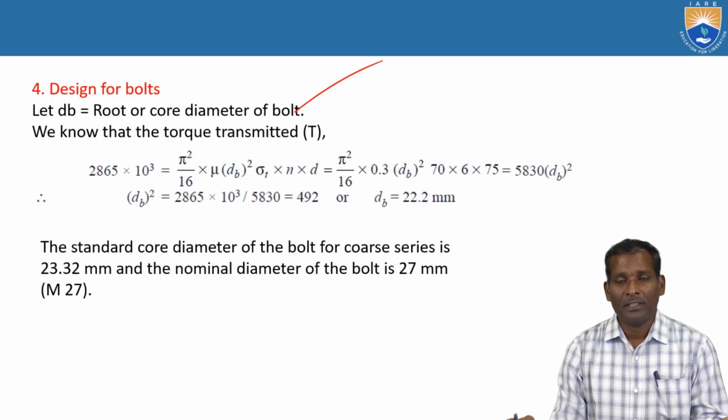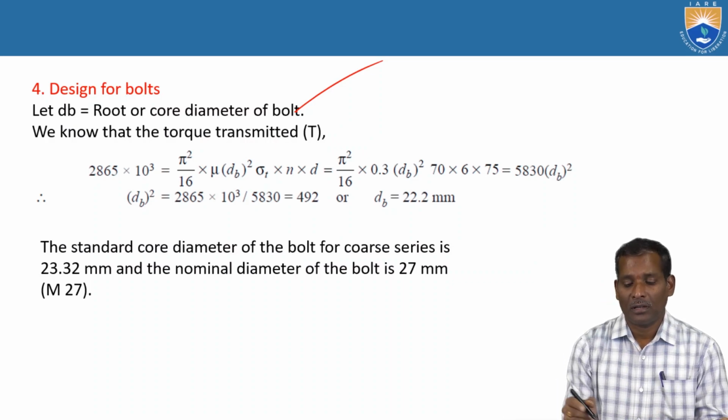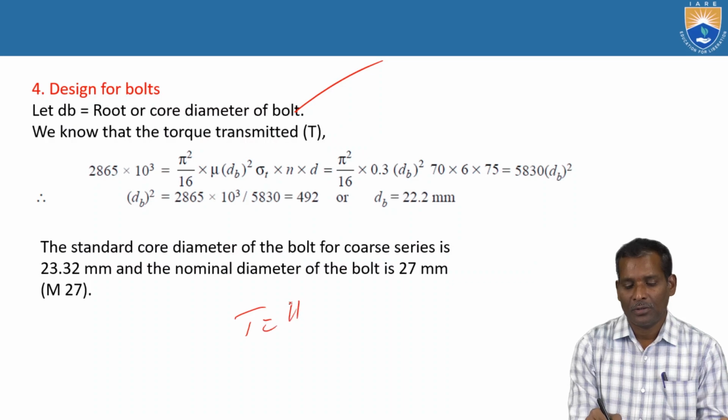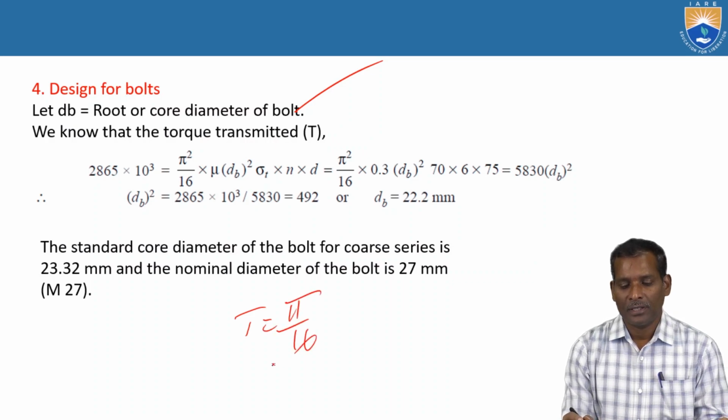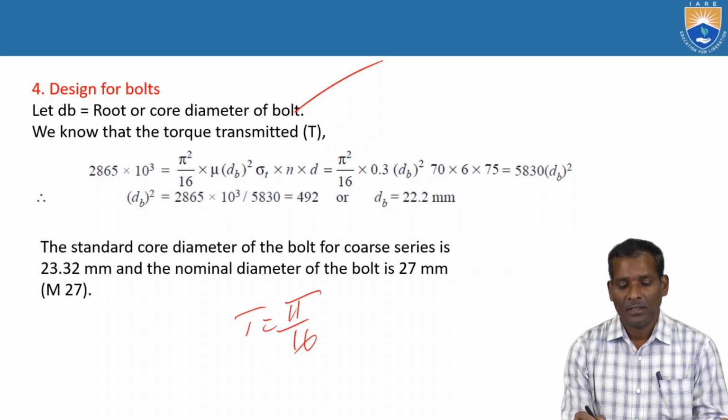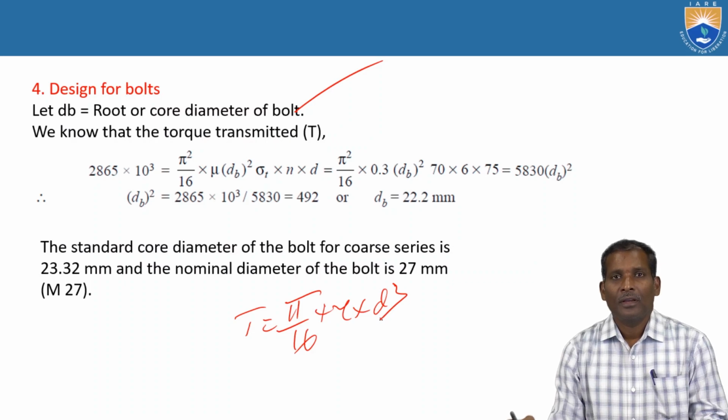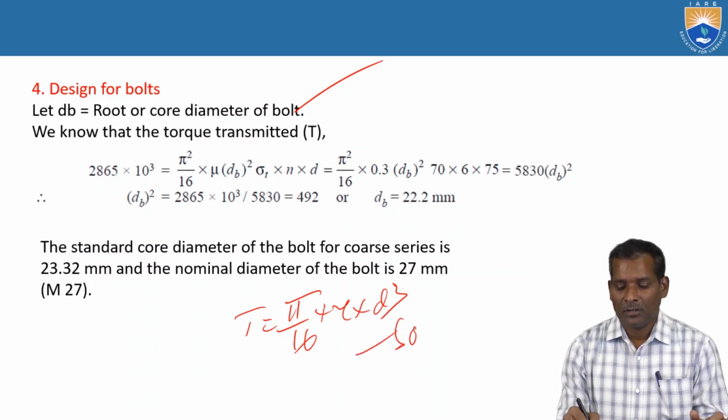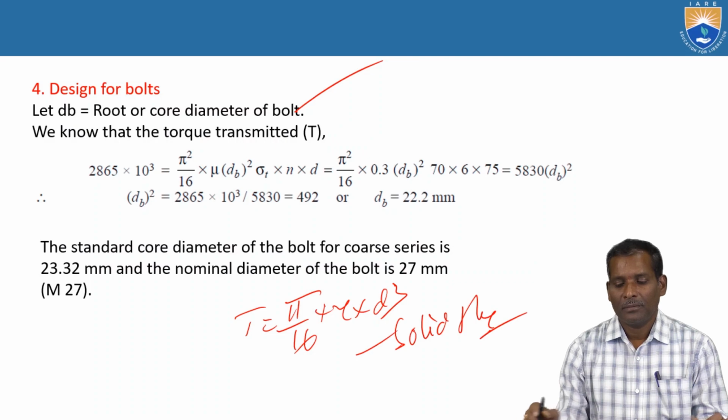Again apply the torsion equation: the torque transmitted T is equal to 5 by 16 into tau into d cubed. This is for a solid shaft.